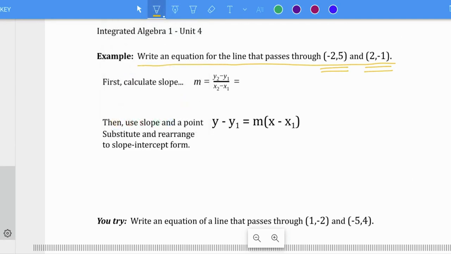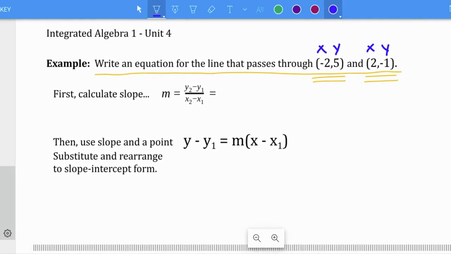Slope using that formula of subtracting the y's over subtracting the x's. So remember, each coordinate point is x, y. I'm going to subtract my y values on top. So 5 minus a -1.